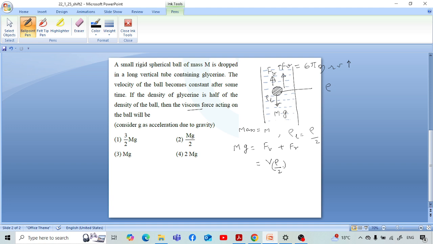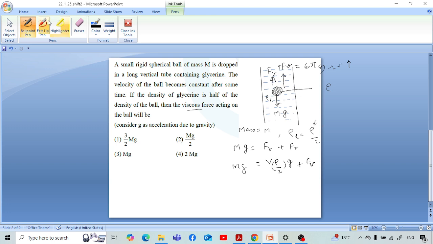Suppose we take the density of the ball as rho, then the density of liquid becomes rho upon 2. This is multiplied by g, plus the viscous friction force which we have to calculate. So mg is equal to v rho by 2 g plus fv.